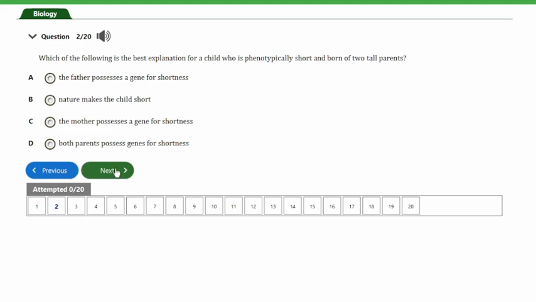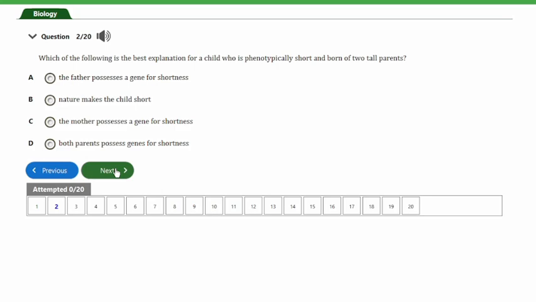Question number 2. It says, which of the following is the best explanation for a child who is phenotypically short and born of two tall parents? A. The father possesses a gene for shortness. B. Nature makes the child short. C. The mother possesses a gene for shortness. D. Both parents possess gene for shortness.